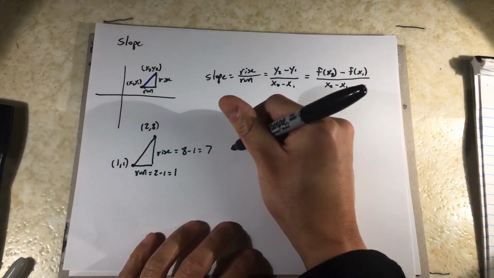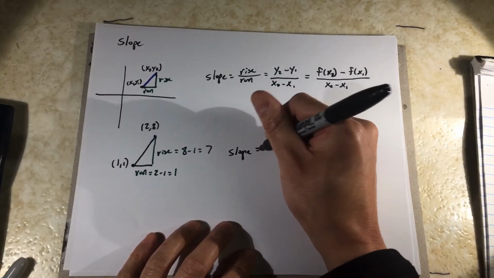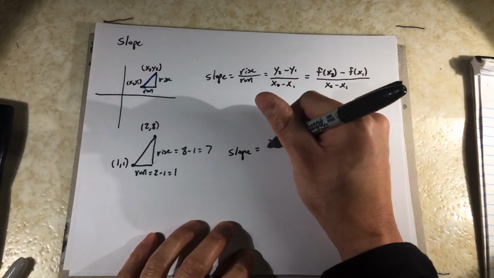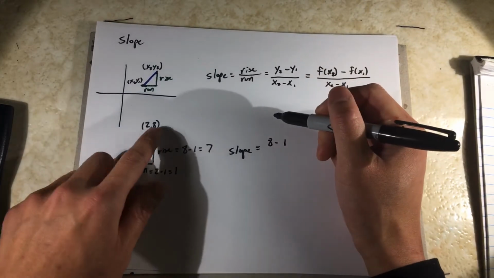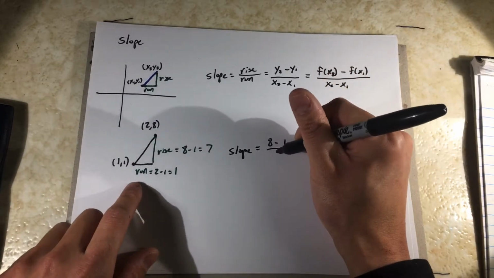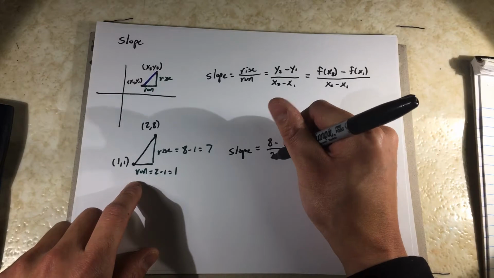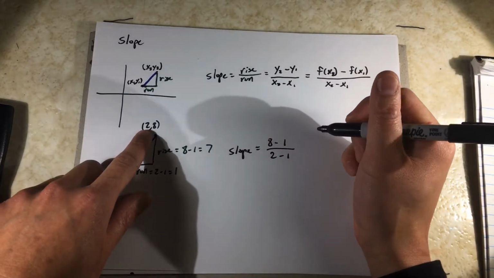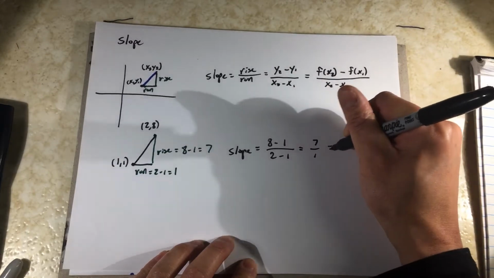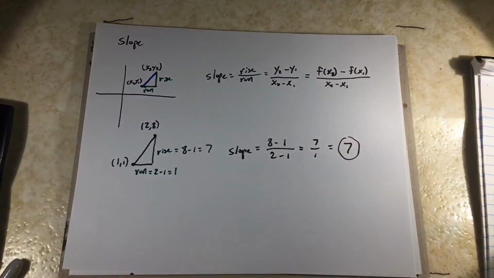All right, so the slope would be equal to, here I'll just follow this equation. So this would be 8 minus 1, so y2 would be 8, y1 would be 1, over x2 minus x1, which is just 2 minus 1. So x2 is 2, x1 is 1, and we get 7 over 1, so the slope would be equal to 7.